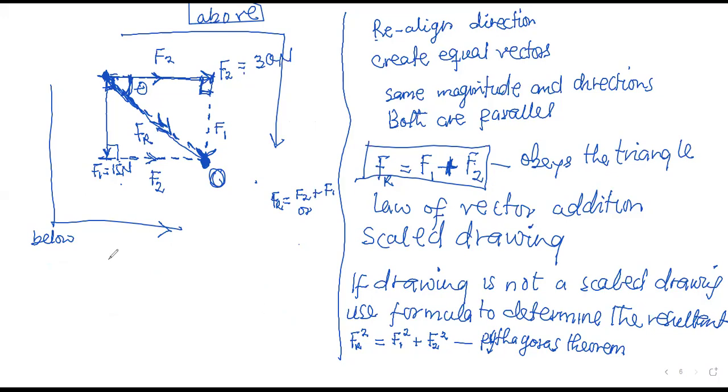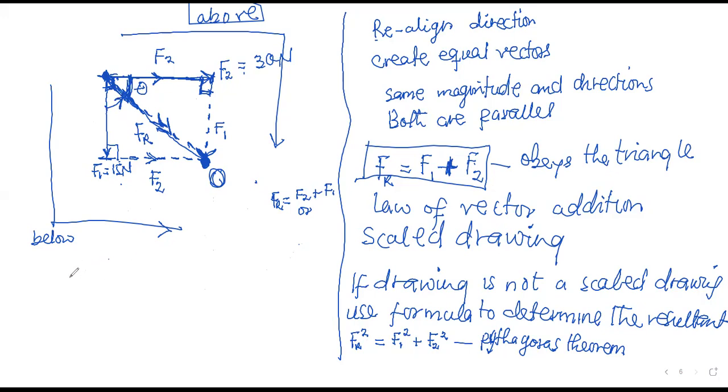Once F1 is perpendicular to F2, we can determine the resultant using Pythagoras theorem. And we want the direction of the resultant. Here, we are looking at the direction from east, or you can also determine the direction from south.